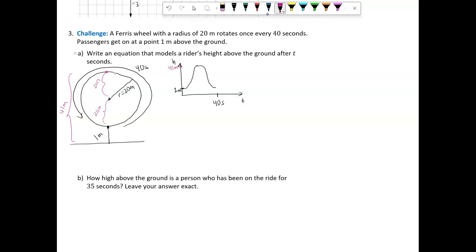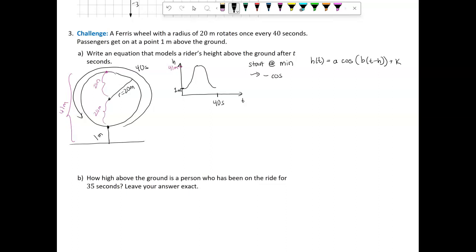We are starting at the minimum. So if we're going to start at the minimum, the better equation to use is a negative cos equation. A negative cos equation will have a general formula of h at t, because we're talking about height at time, is equal to a cos of b(t minus h) plus k.